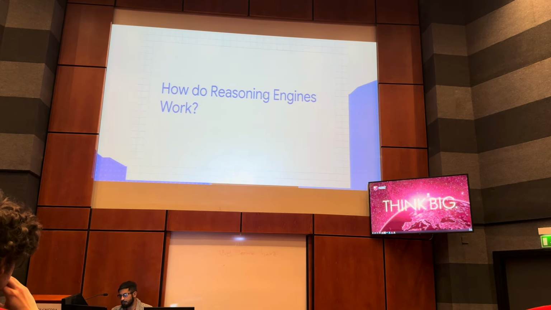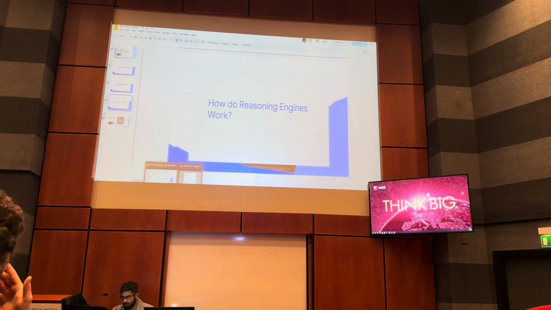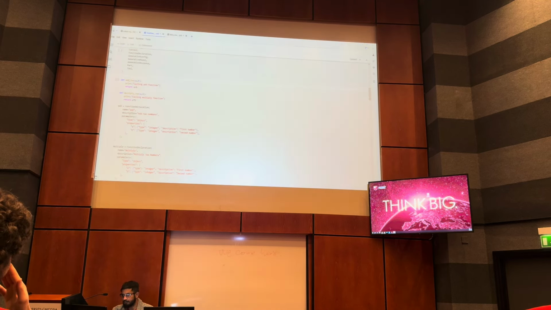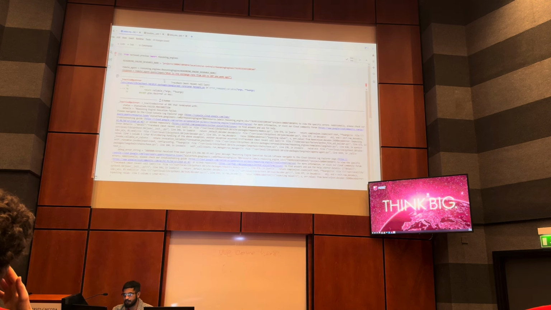So how does it work? That's what we're going to look at right now. I'm going to switch over right here to the cloud environment. So we have a few things up here.